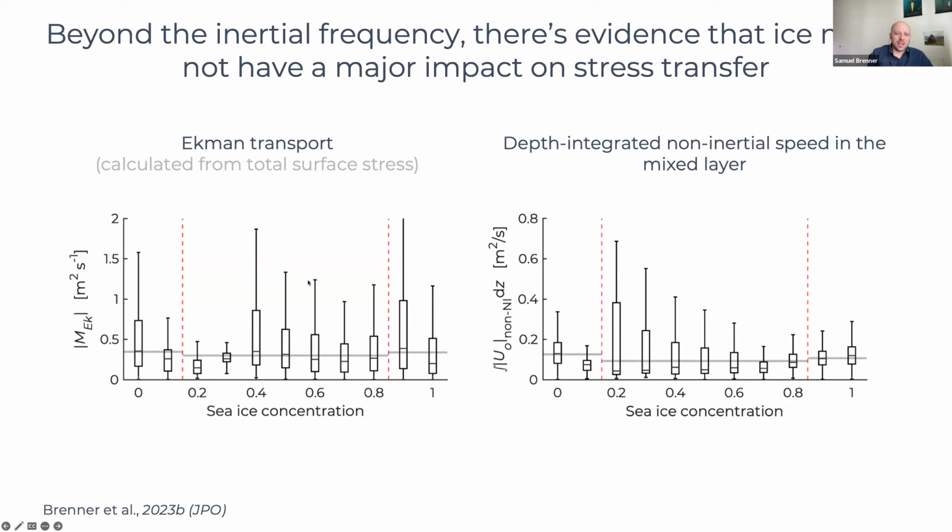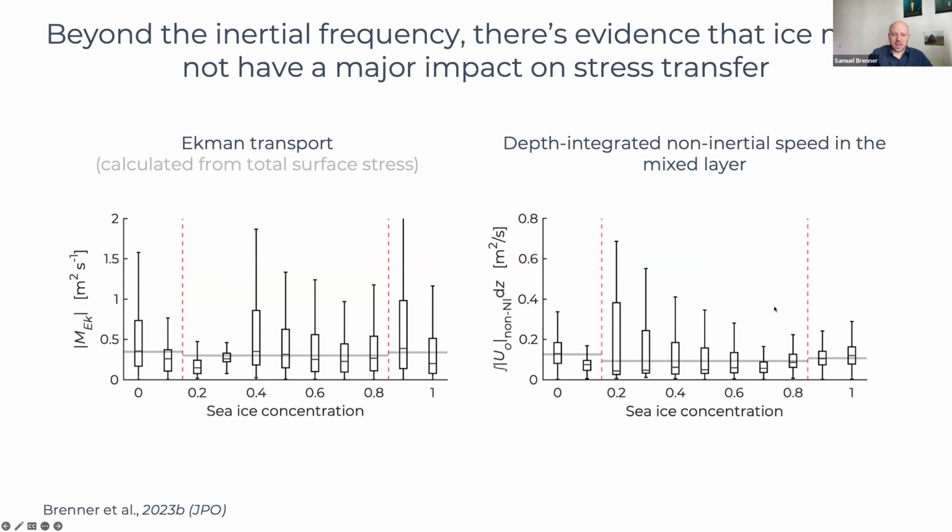And so here on the left, I'm showing the same bin average by sea ice concentration of the Ekman transport that's calculated from our best guess of the total surface stress. And here I'm showing the depth-integrated non-inertial speed in the mixed layer. And I'm integrating over the mixed layer depth to account for that seasonality in mixed layer depth that we saw.